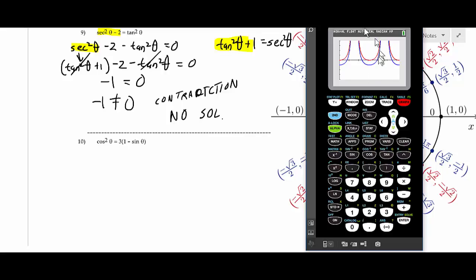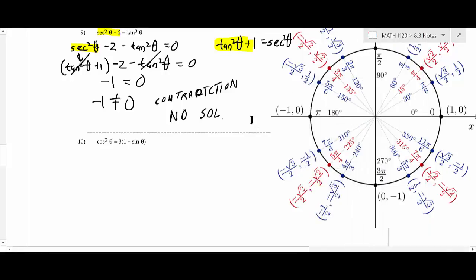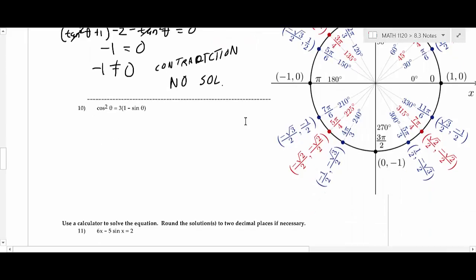Probably not. It looks like they might intersect there, but they don't. So since they don't intersect, that's why it's no solution. Does that make any sense? That's a very good connection to make. If you get no solution, that's what it has to mean.